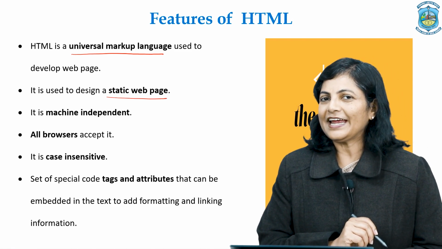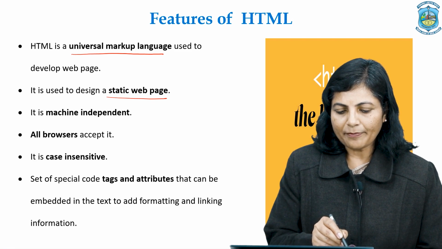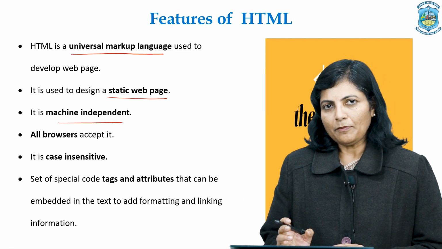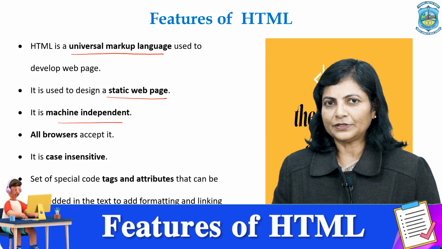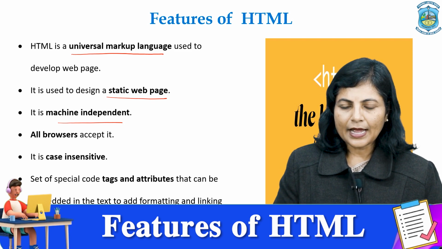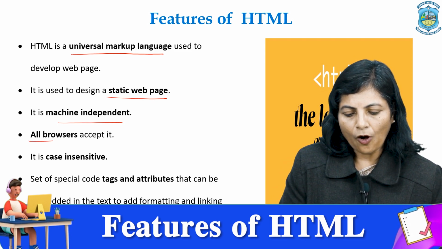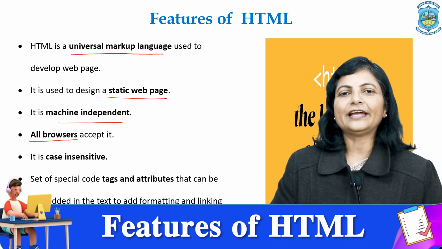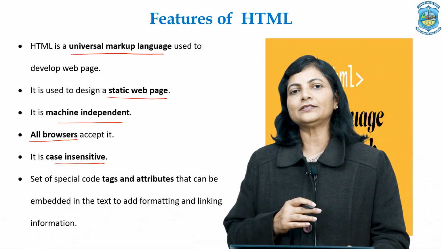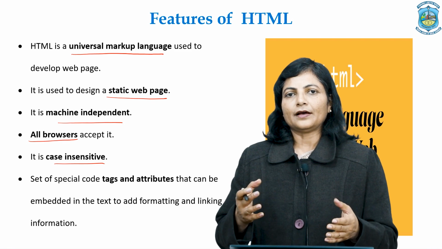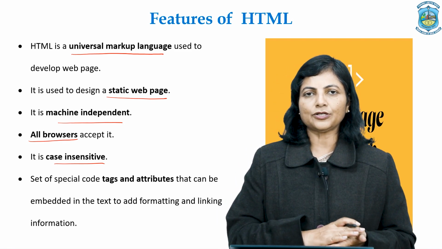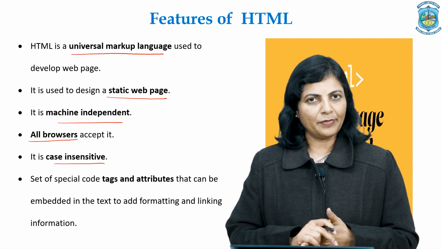It is machine independent. Machine independent means it can be easily used in any of the machines, laptop, desktop, or tabs. It is accepted by all browsers. It is case insensitive. Case insensitive means you can type the characters either in uppercase or lowercase or mixed cases.